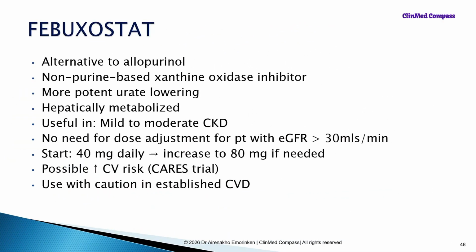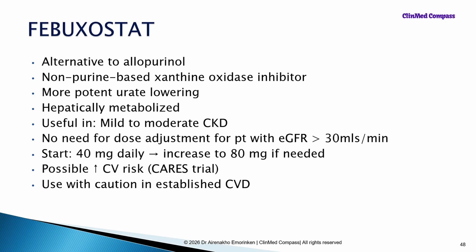Febuxostat is a non-purine xanthine oxidase inhibitor, an alternative for allopurinol-intolerant patients. It's more potent at lowering uric acid and is hepatically metabolized, making it very useful in mild to moderate chronic kidney disease without dose adjustments if the eGFR is greater than 30 mL per minute.